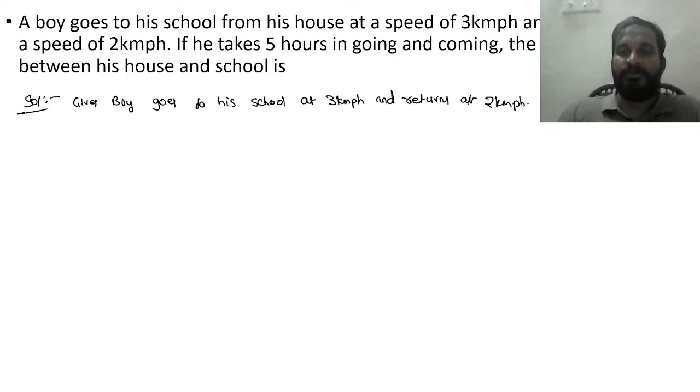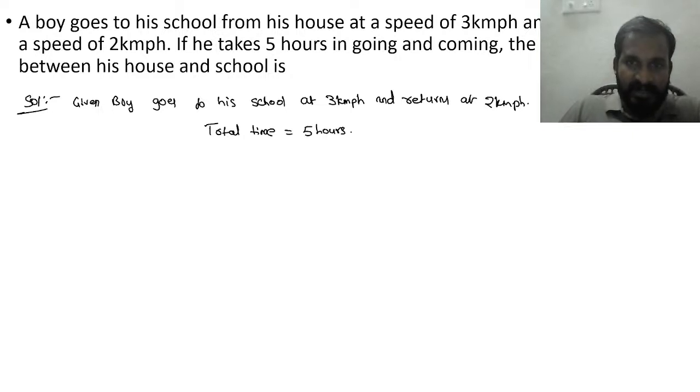If he takes 5 hours in going and coming, that is the total time given. What is the total time they given for us? 5 hours is the total. The distance between his house and school is.